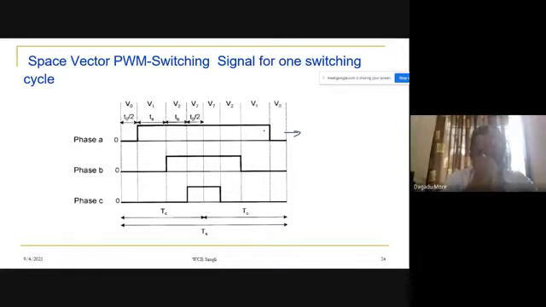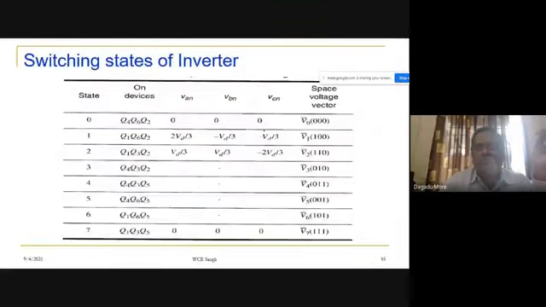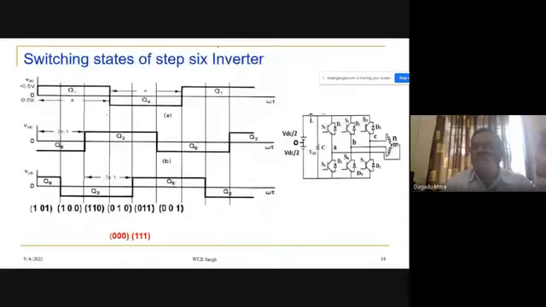Phase A means the devices in the first leg. Is it right?